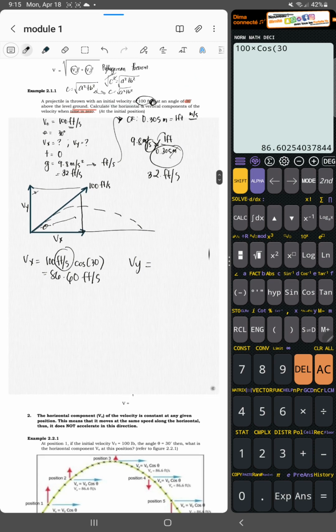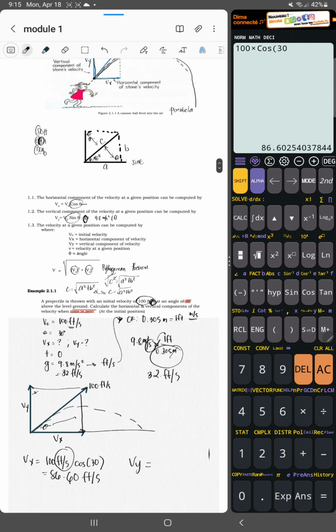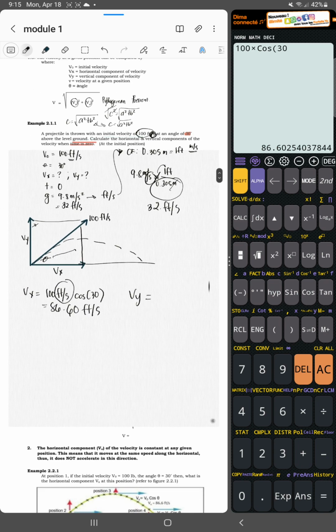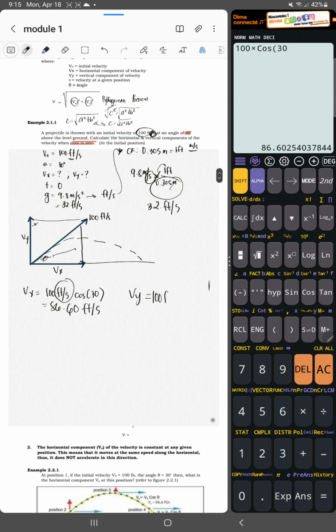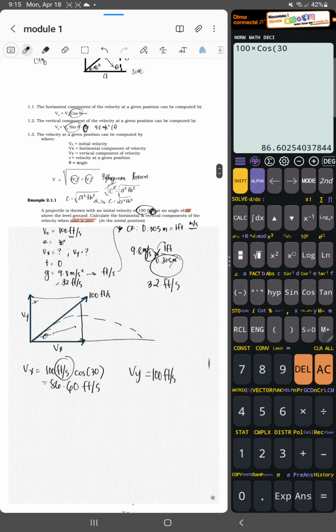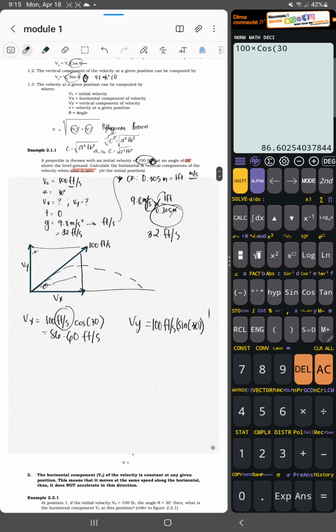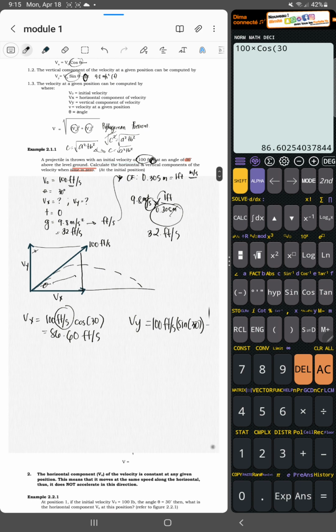So, ano yung formula natin? Let's go back to our formula. Again, iyan siya. Initial velocity, which is 100 feet per second, times, ano yung sine natin? Okay, sine 30 minus, ano yung ima-minus natin?